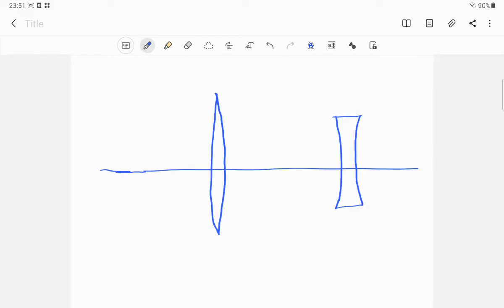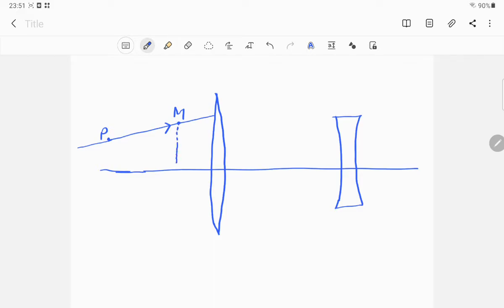Suppose that a ray of light is coming like this, and I will consider 2 points. Suppose this is the point P on the ray, and I will consider another point, say M.